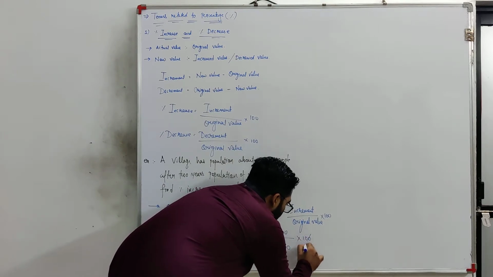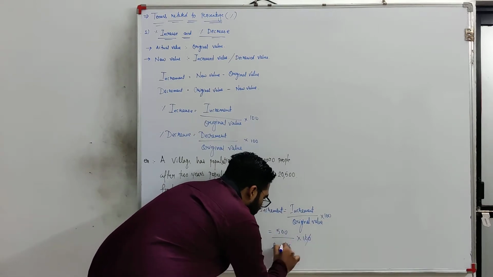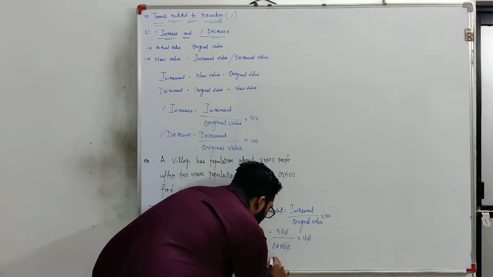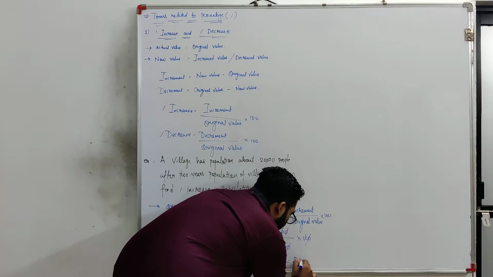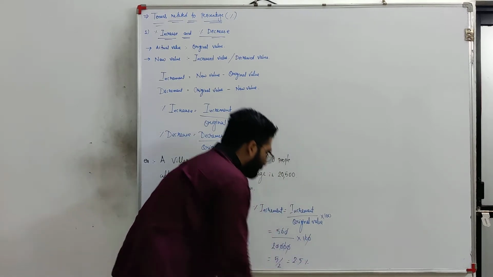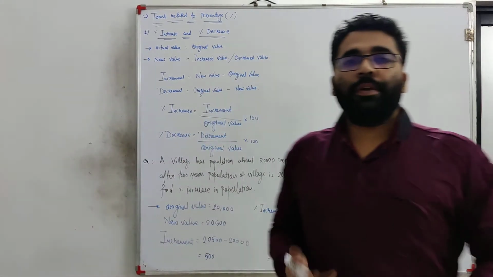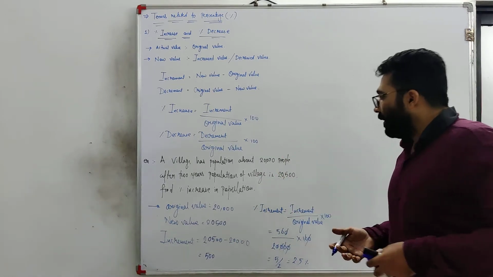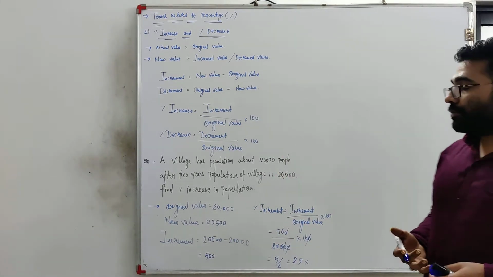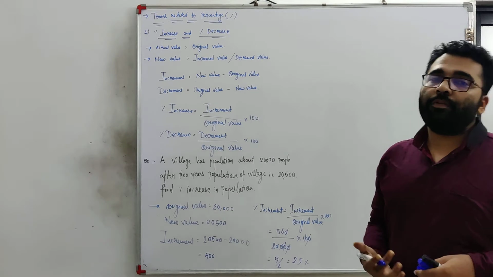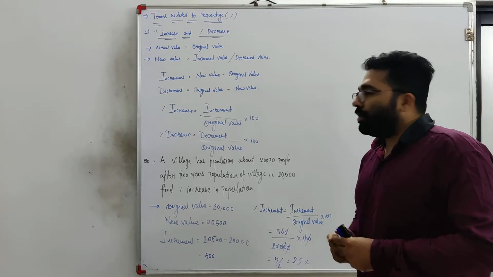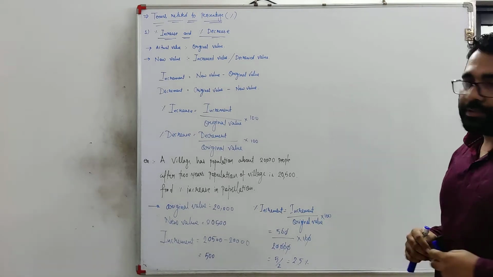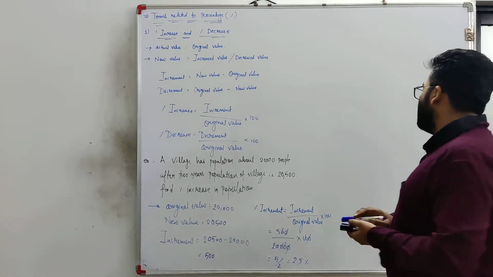The zeros cut, so 5 by 2 becomes 2.5%. So for 2 years, the percentage increment is 2.5%. Like this, we find the percentage increment and percentage decrement.